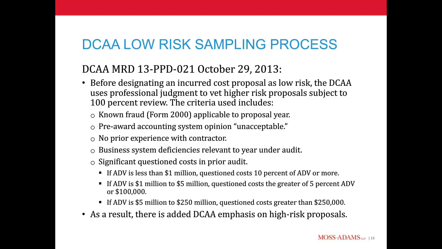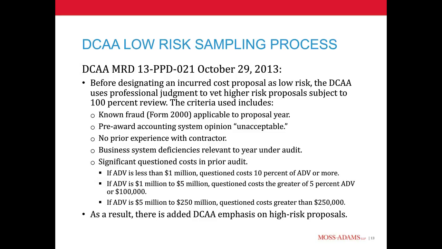So what does it take to get into the low-risk sampling grouping? There's a number of requirements for that. In essence, you can't have one of these situations that we're listing here. So if a contractor has a known fraud that was applicable to the proposed year, you're kicked out of the low-risk category.